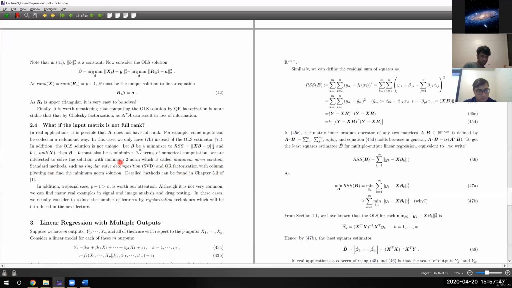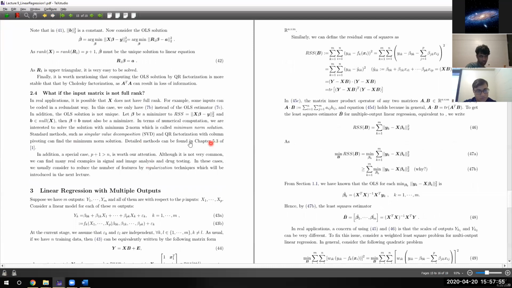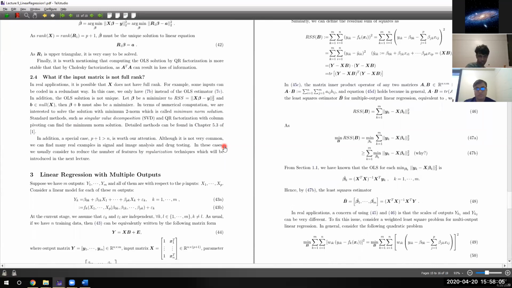Then we can still handle this situation. I'm not going to introduce this part too much because the details would take a lot of time. If you like, just have a look at the book that I just showed, Matrix Computations, chapter 5.3.